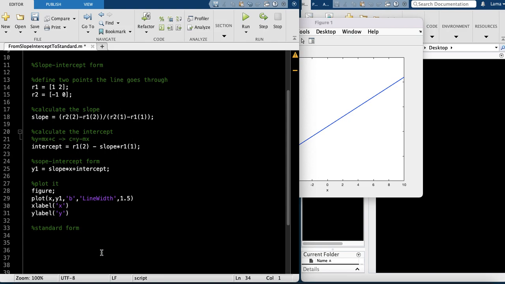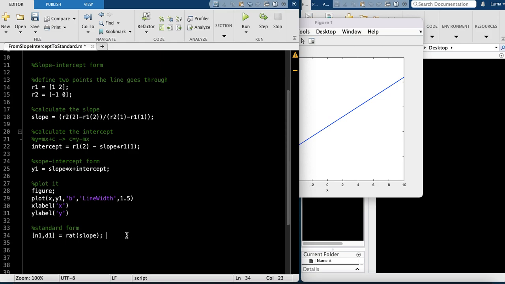One way to do this, in MATLAB, we have something called the rat command. So if I say n1, d1, so this is the first numerator, first denominator, and I want to use the rat for the slope. So this command here converts the number that represents the slope into a fraction that has a numerator and denominator.